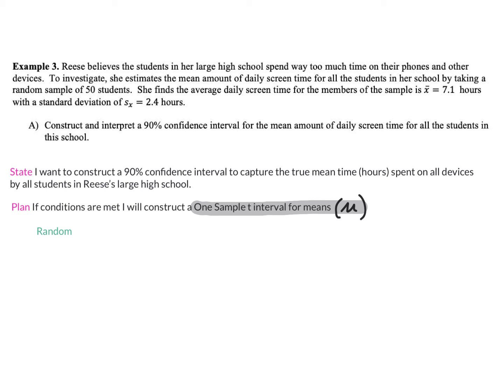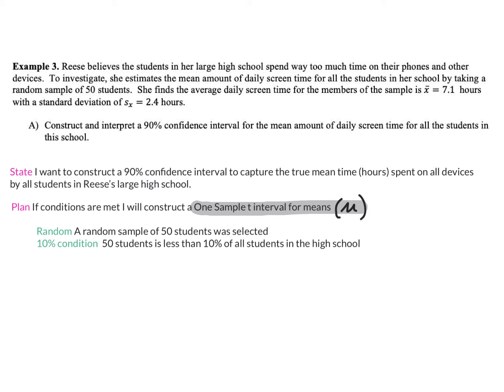So the first is random, and I always put it into context of the problem. So a random sample of 50 students was selected. Next would be our 10% condition.